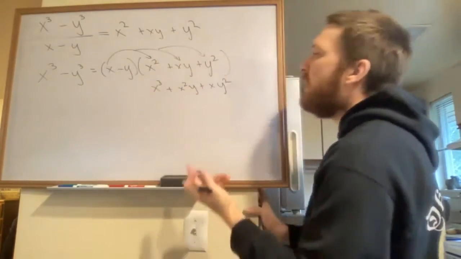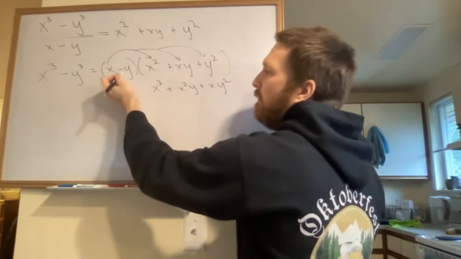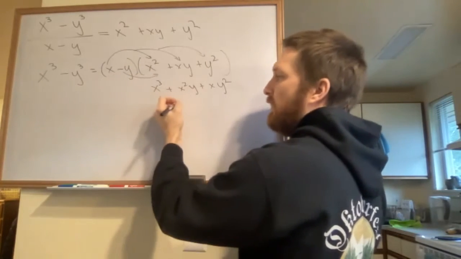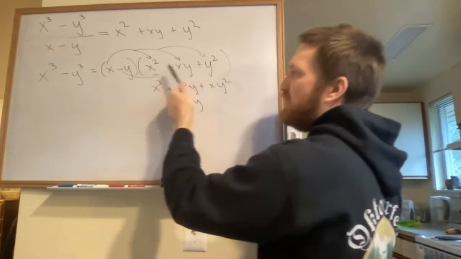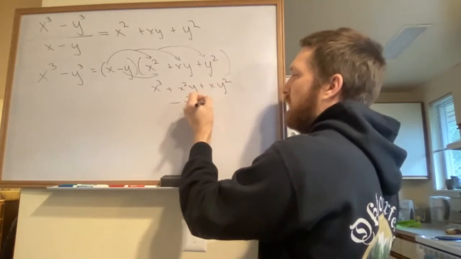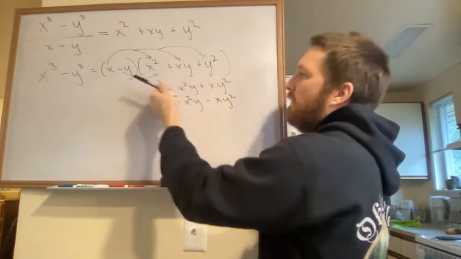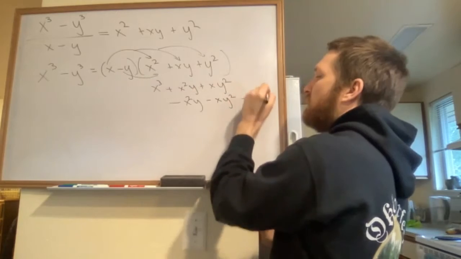Yeah, that's good. The minus y comes in, and I get a minus y times x squared is minus x squared y. The minus y jumps in here to give me a minus xy squared. The minus y jumps in here to give me a minus y cubed.